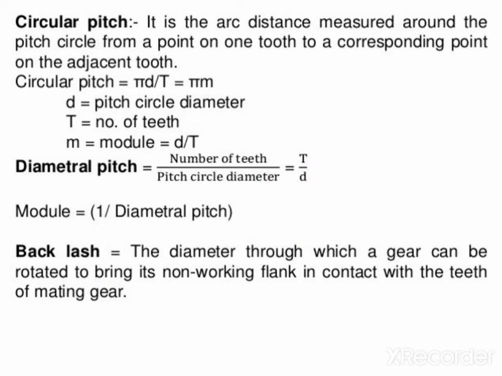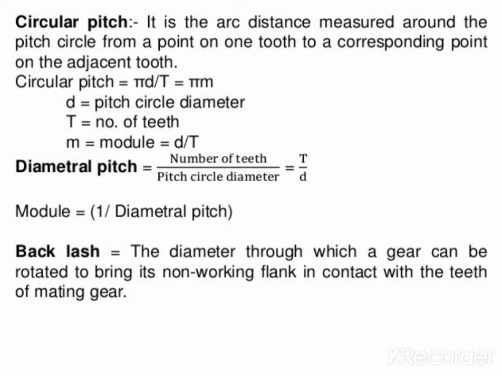And this module m is 1 upon diametric pitch. What is module m? It is the linear distance in mm that each tooth of the gear would occupy if there were space along the pitch diameter. It is the reciprocal of diametric pitch.